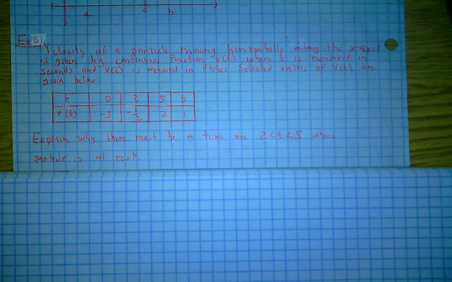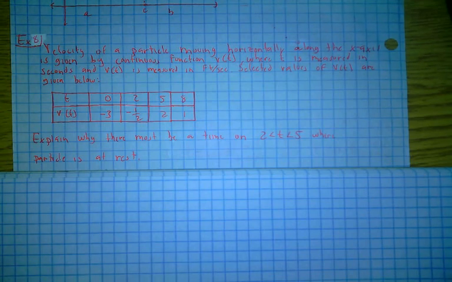So now, what are you gonna write to prove that there is a rest? IVT. Okay, since the velocity is continuous, the velocity at 2 is negative, and the velocity at 5 is positive. The only way that I can go from negative to positive is if what? I have to cross 0. Crossing 0 guarantees what?